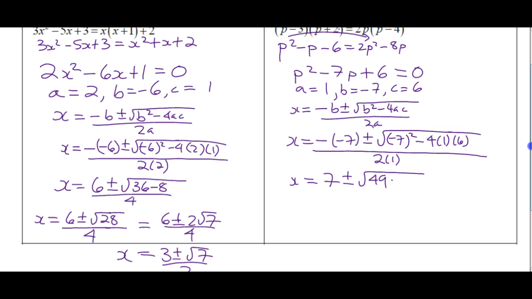Negative 7 squared is 49. Minus 24 over 2. I thought that factored. I was looking at it saying, this thing factors. And it does, but it's okay, right? Because if you don't see it factors, and it just said algebraically determined, then you just go and solve it.